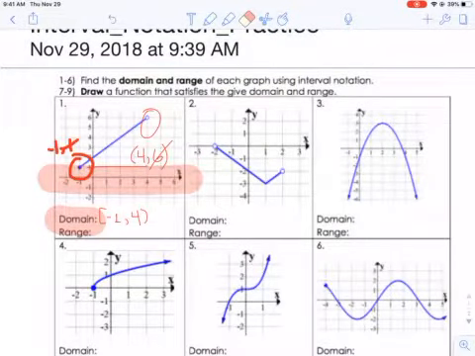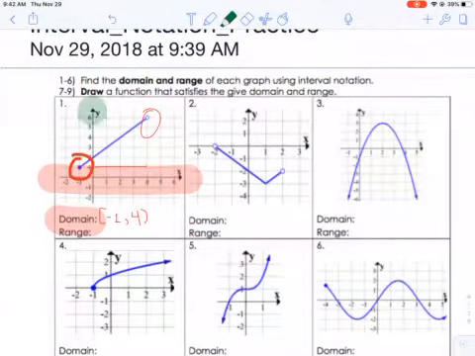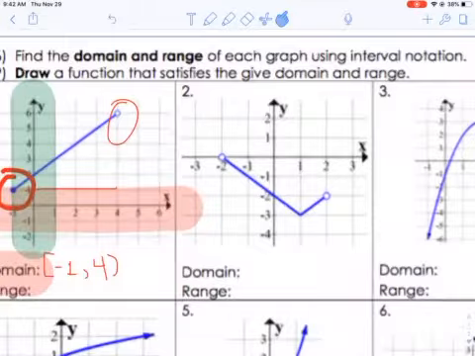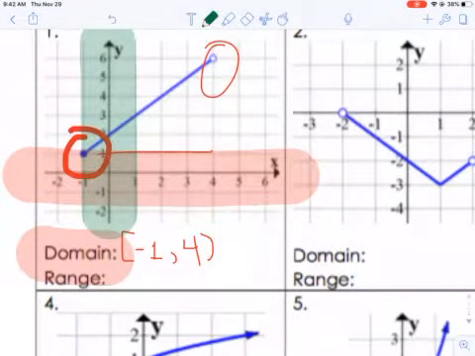Now I have to cover the range. Whereas before I said I didn't care about the y value, now that's all I care about. So, I'm going to go with green here, kind of festive. Alright, so I'm just concerned with my y values now, because the range is concerning the y values or outputs. So, again, I'm going to look at my point here.